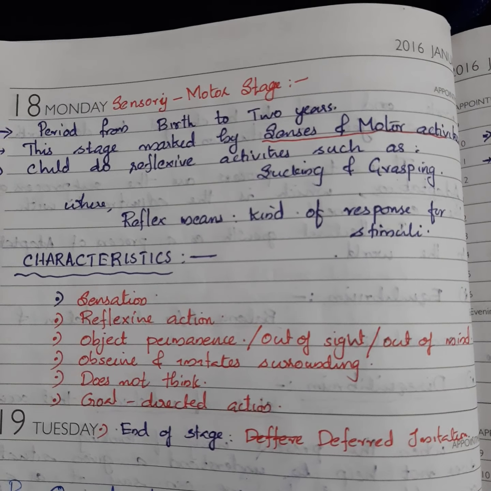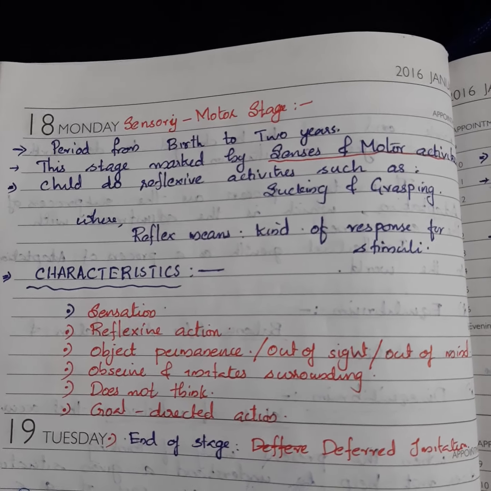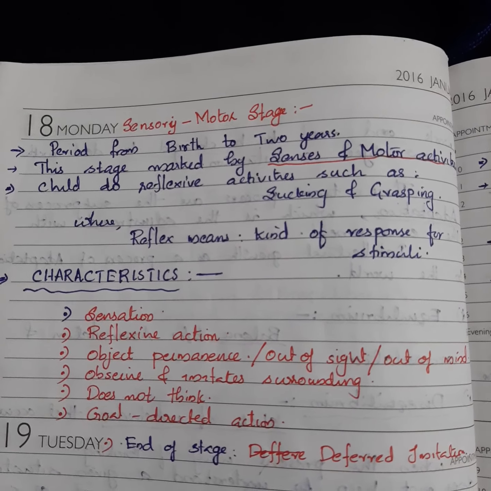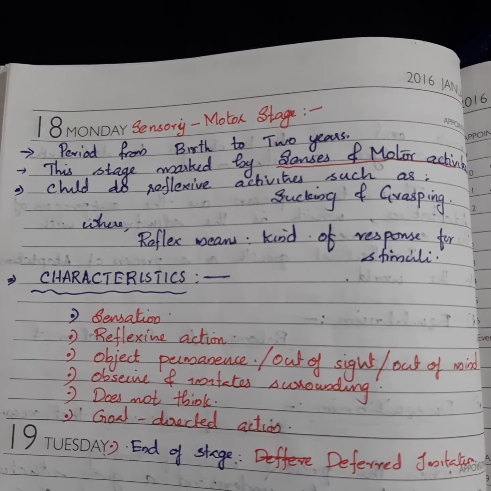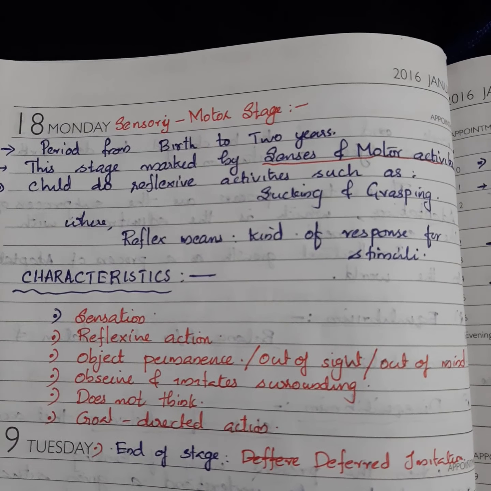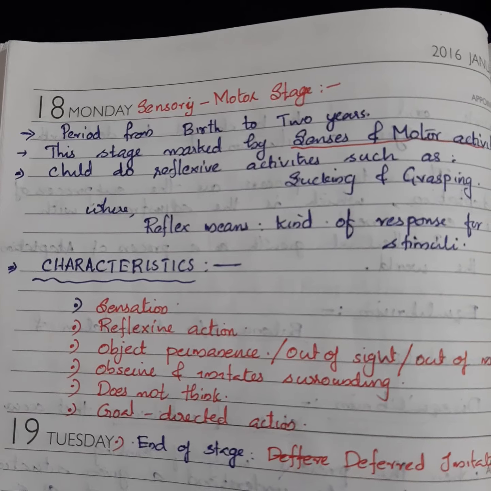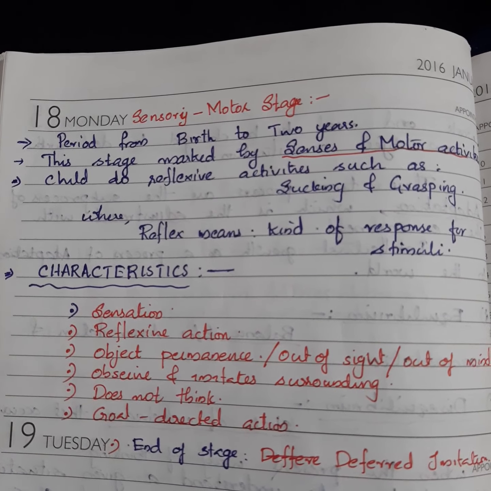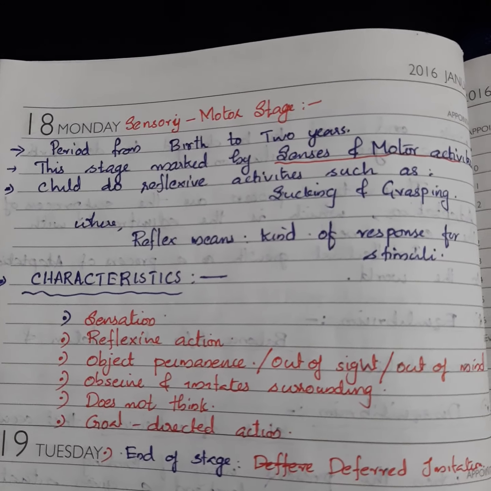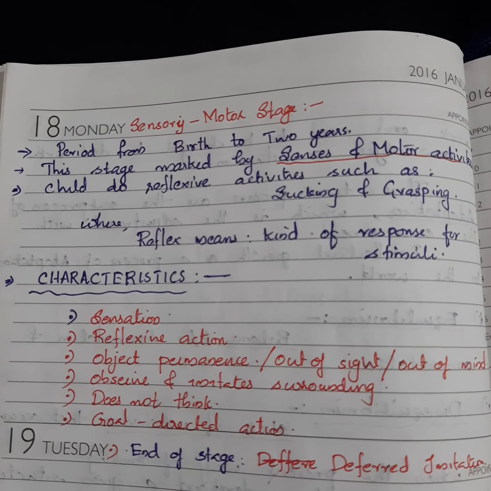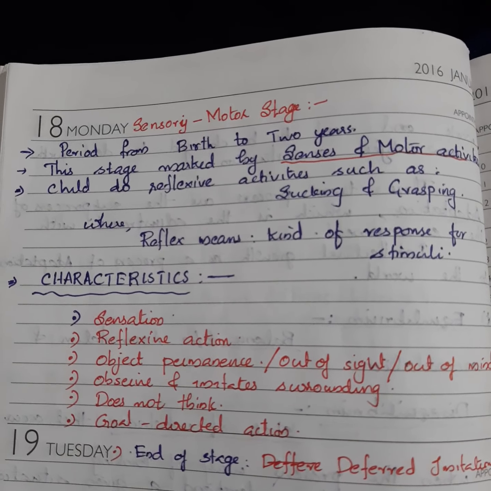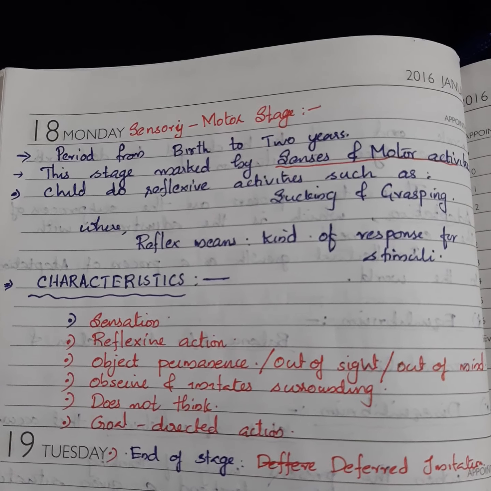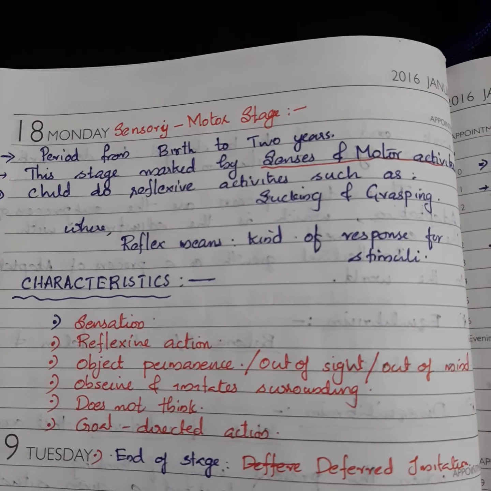First stage is sensory motor stage. As I said before, this stage or period starts from birth to 2 years. The main characteristic of this stage is that it involves senses and motor activities. Here, children do reflexive activities such as sucking and grasping.